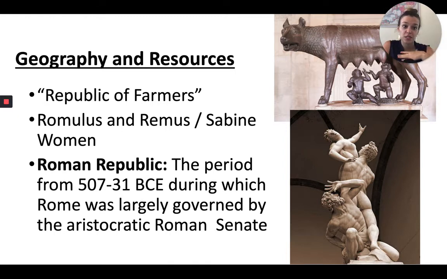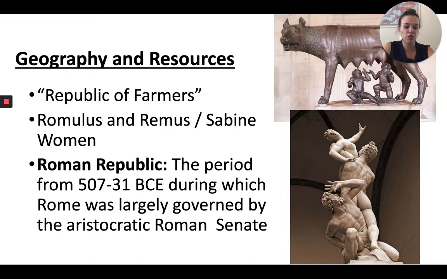Agriculture is going to be an essential economic activity, and land is going to be the foundation of wealth. Keep that in mind. That's going to be a continuing theme and challenge to Rome because land is the foundation of wealth. So social status, political privilege, fundamental rights, these were all based on land ownership.